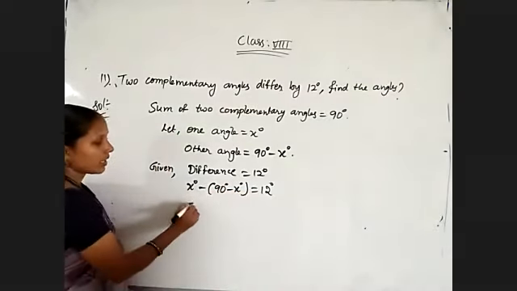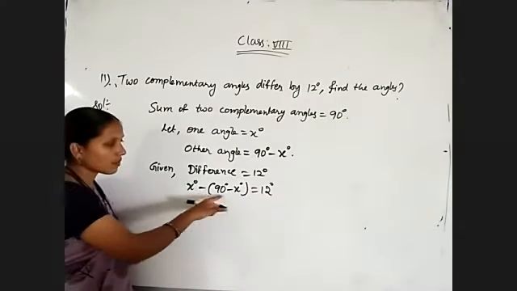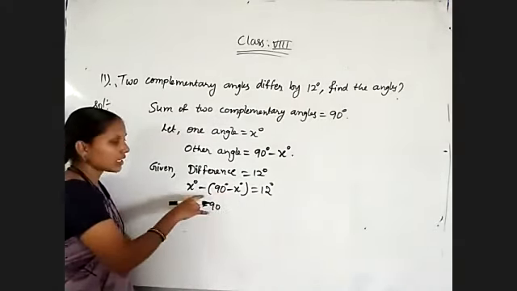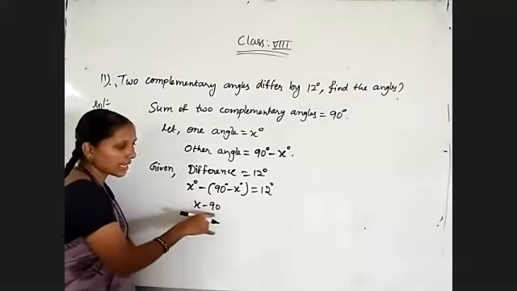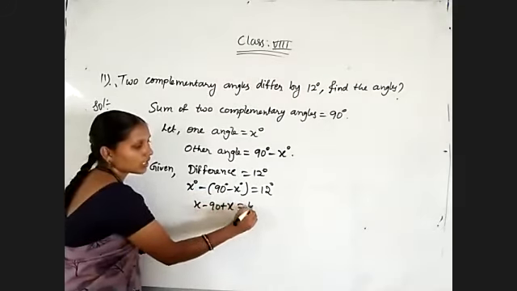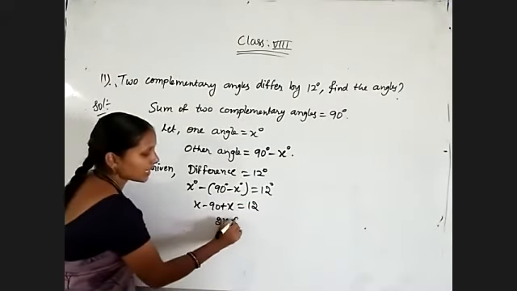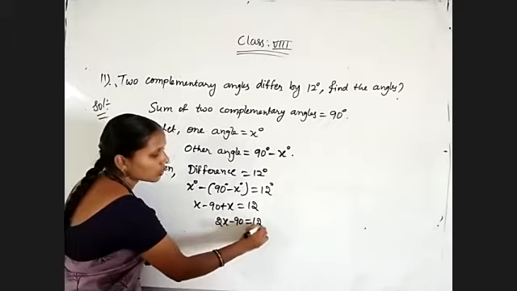Now simplify: x minus 90... before the bracket, the minus we have to multiply with each and every term. Minus into plus is minus 90, minus into minus is plus x, equal to 12. x plus x is 2x minus 90 is equal to 12.